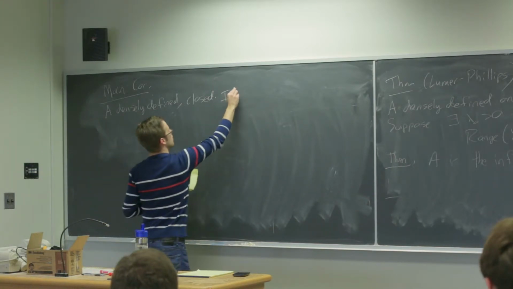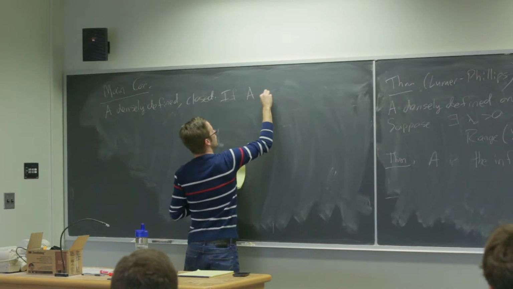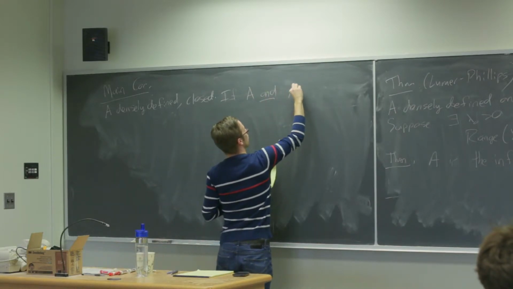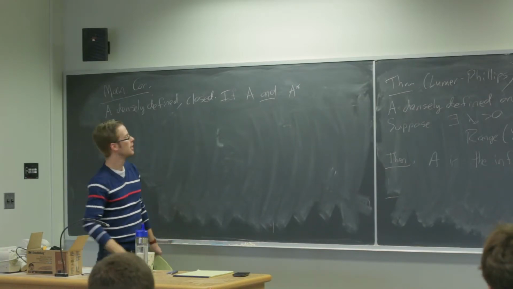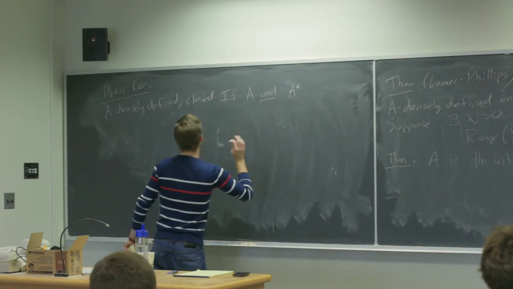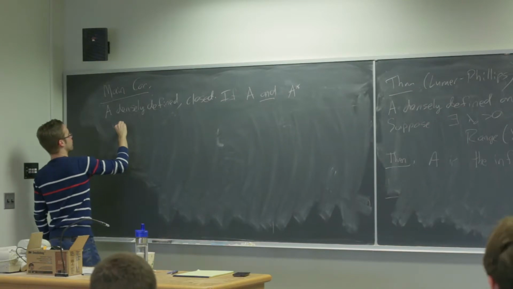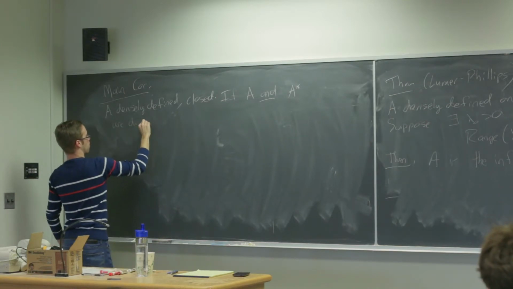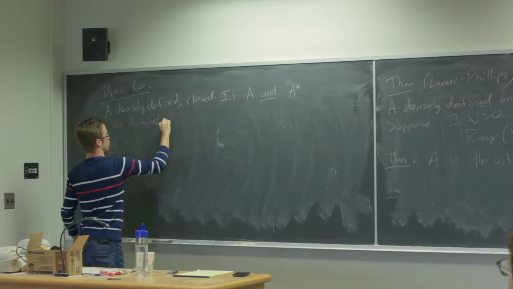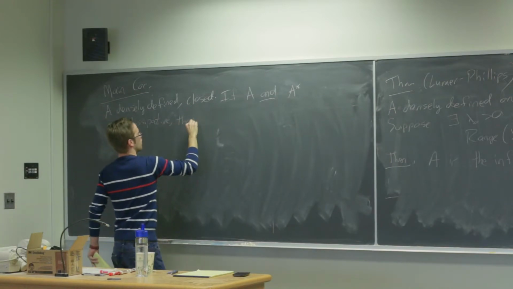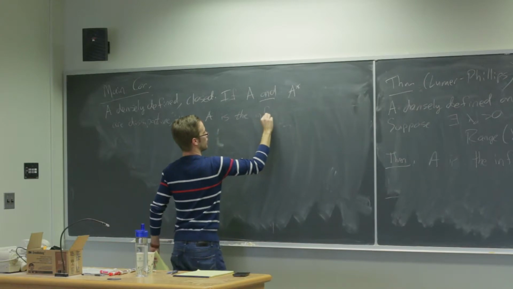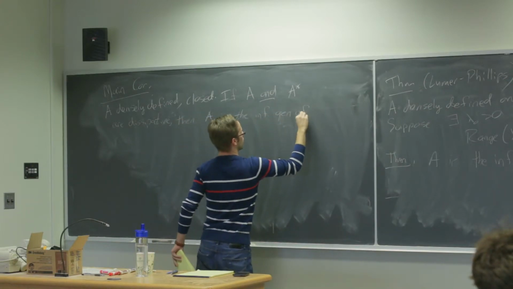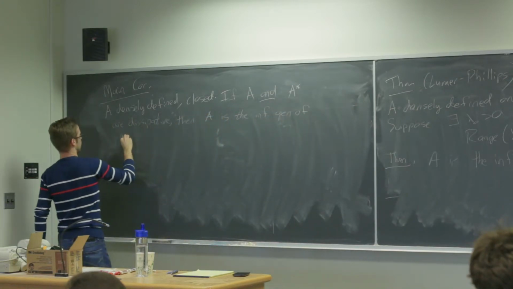So if A and its adjoint, I haven't told you what the adjoint of an unbounded operator is, but you can make sense of it. So if A and its adjoint are both dissipative, then the conclusion holds: A is the infinitesimal generator of a contraction semigroup.